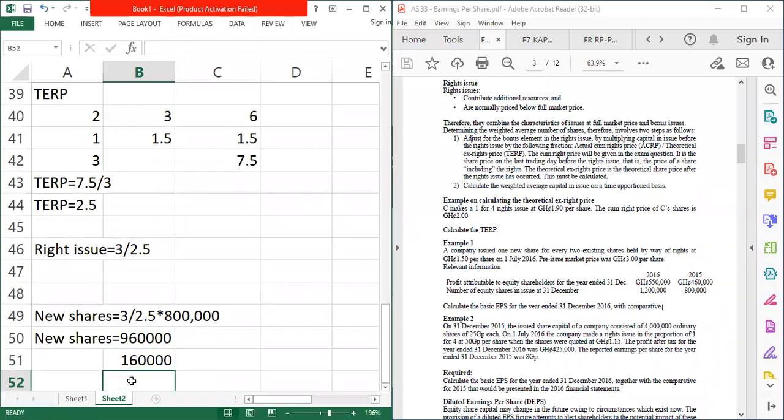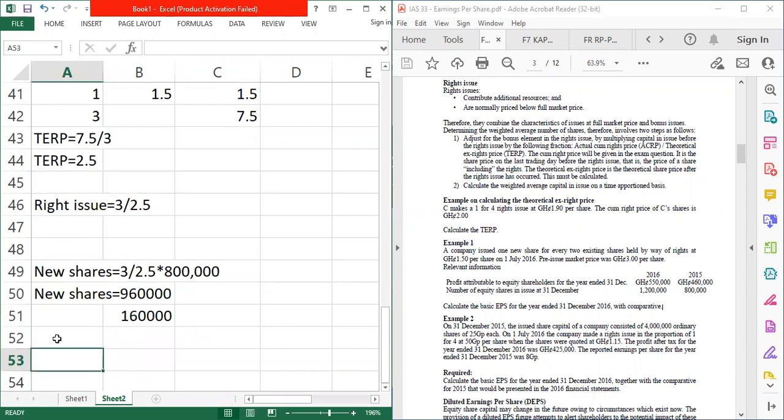Okay. Let's now look at the shares that we will be getting from the rights issue. It is the same ratio, 1 for 2. 1/2 times 800,000. That's 400,000. You see this 400,000?